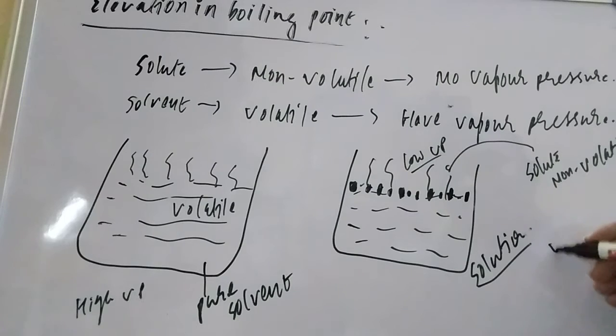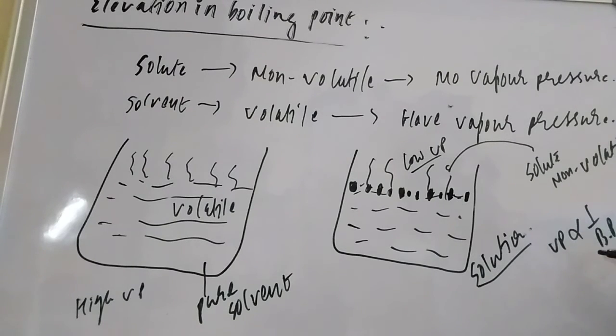Vapor pressure, when you talk about it, is inversely proportional to boiling point. When the boiling point is high, it means vapor pressure is less.